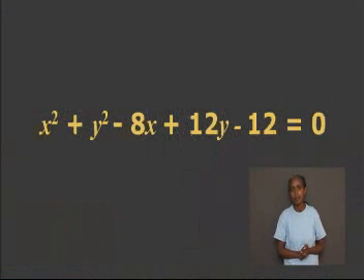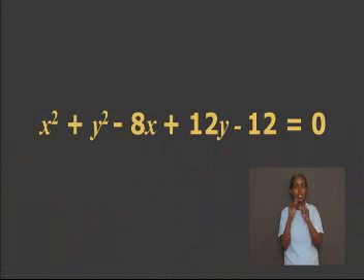Now that you know how to write the equation of a circle, let us try to work backwards to find the center and radius. The equation of a circle is x squared plus y squared minus 8x plus 12y minus 12 equals 0.